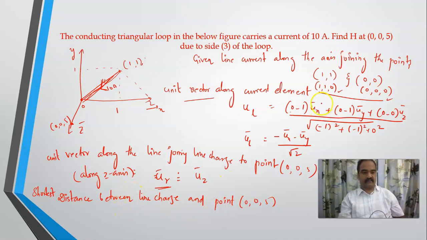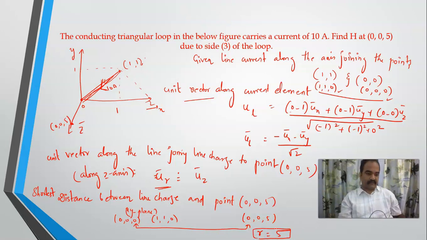See, my line charge is here. It is completely in the XY plane only, right? You can take (0, 0, 0) and (1, 1, 0), and this is my point (0, 0, 5). If you carefully see, the minimum distance will be between these two, and the distance will be r is equal to 5.